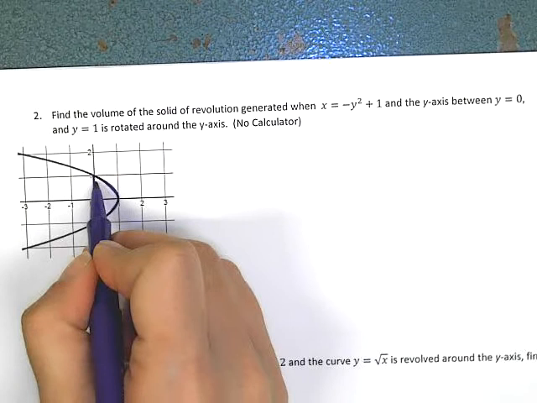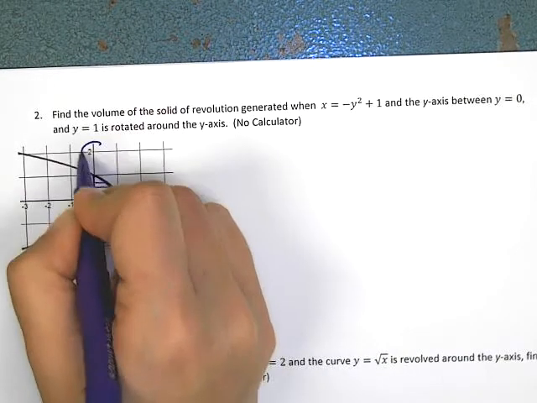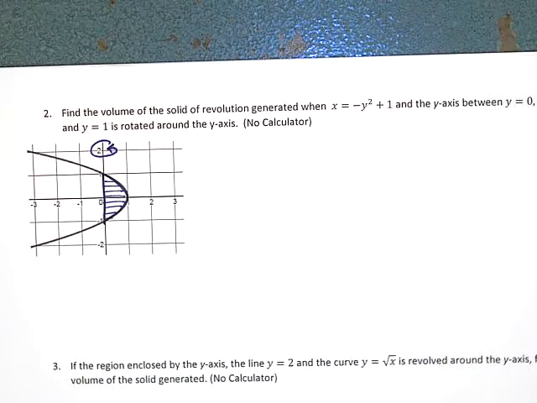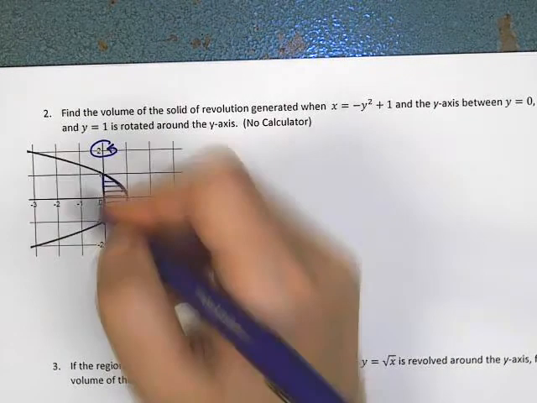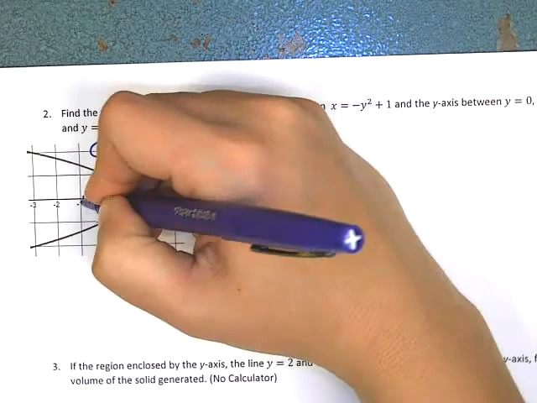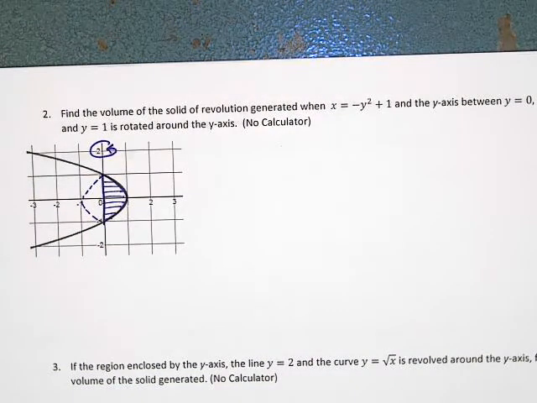So I'm taking this area and I'm spinning it around the y-axis this time. So I'm drawing in that little circle to show what I'm rotating around. Now if I sketch in the other half of my shape, it's going to look like this. So I'm going to get this solid, this three-dimensional figure that looks almost like a football.